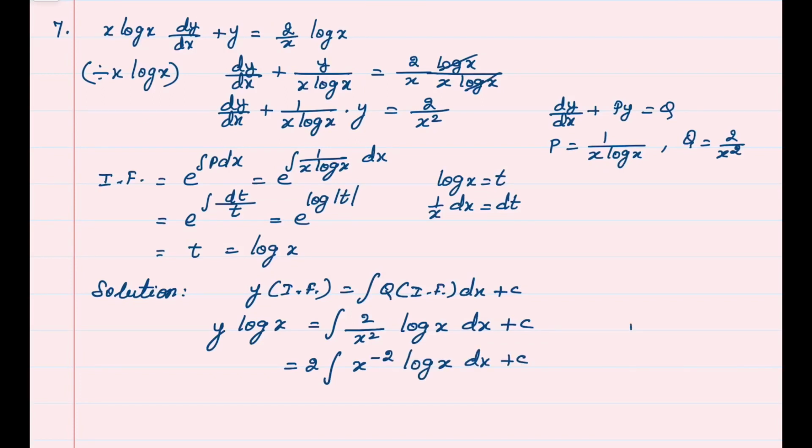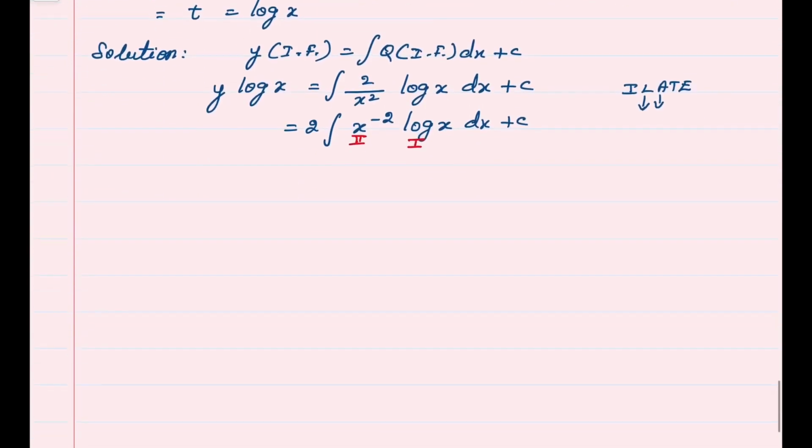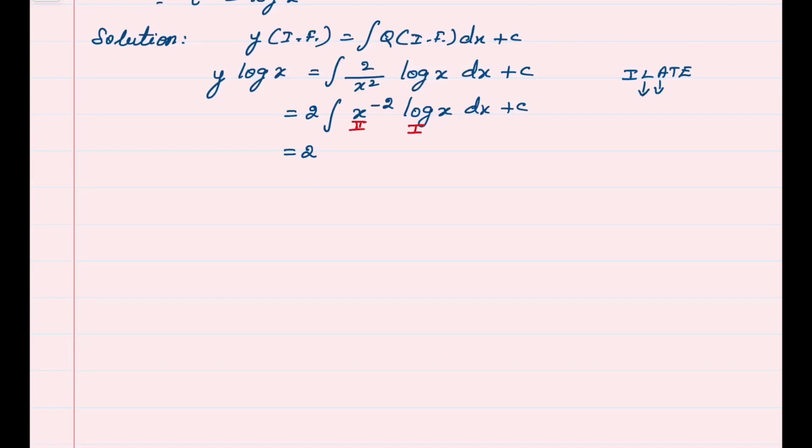This has to be done by integration by parts method. A is an algebraic function, log x is logarithmic, L comes first. Log x is the first function, x raised to minus 2 is the second function. 2 times first function into integral of the second function.